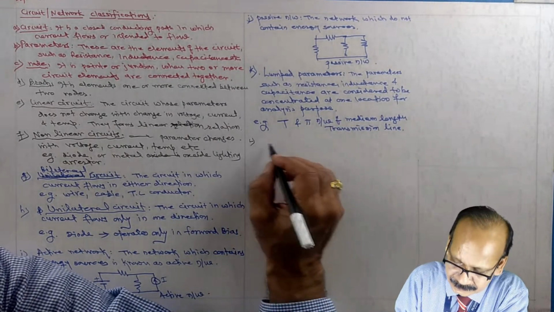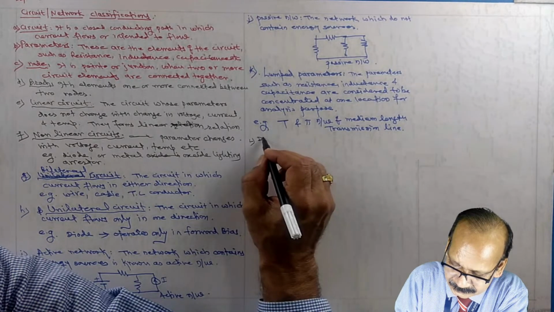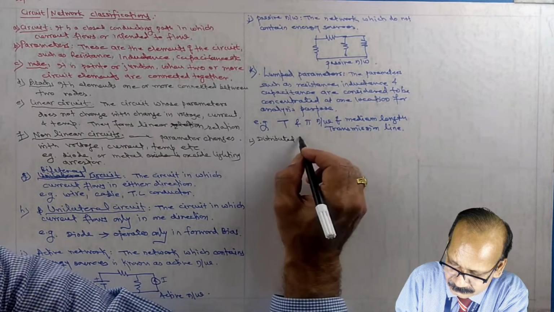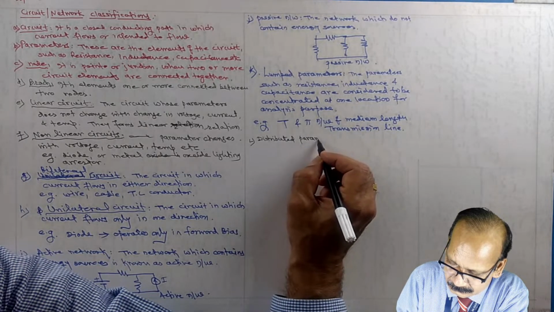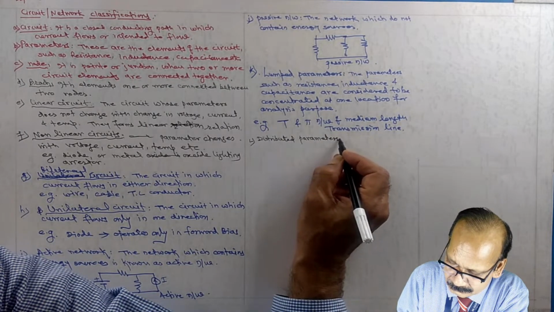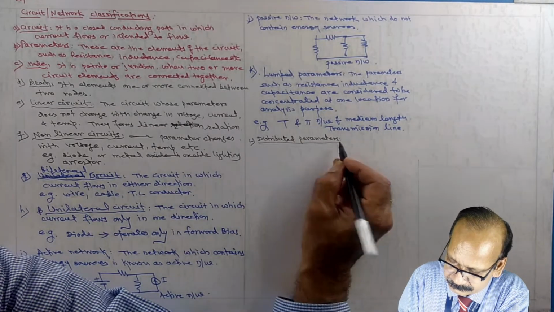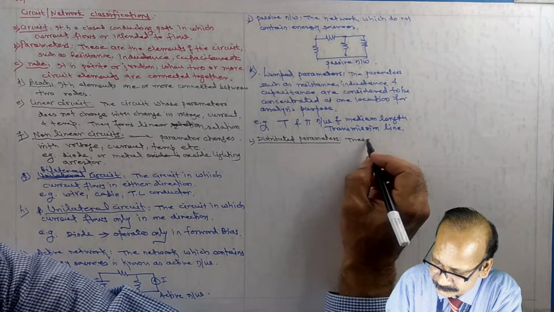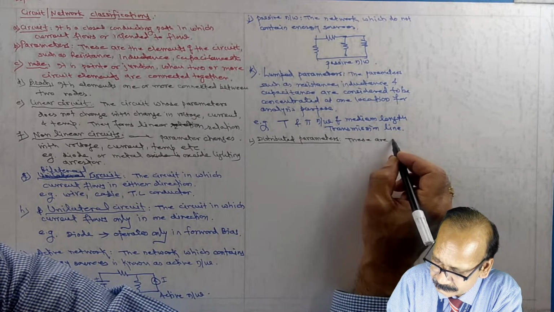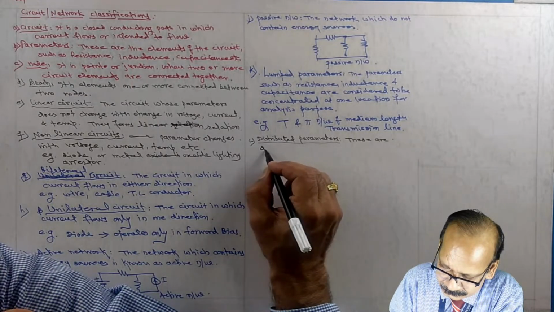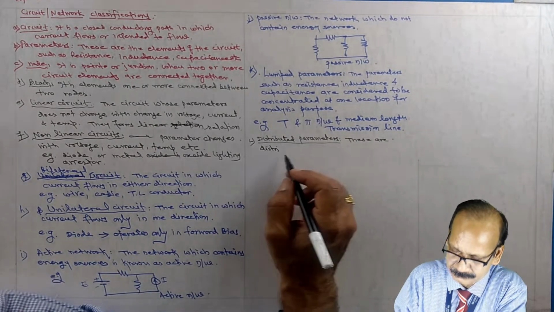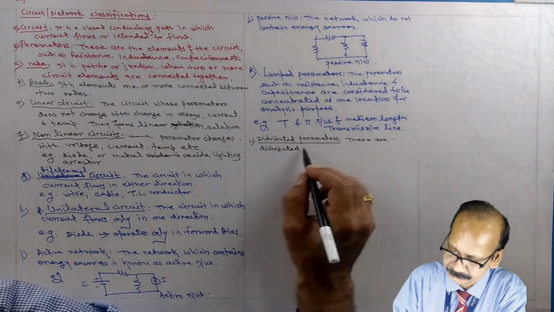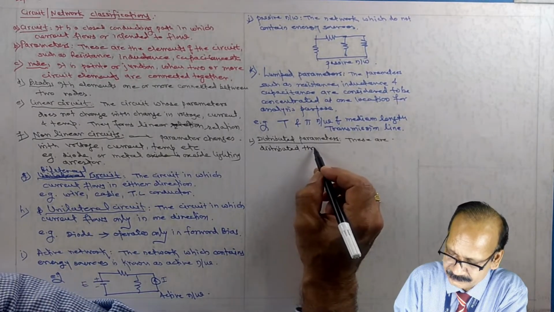And then the distributed parameters. These are distributed throughout the circuit.